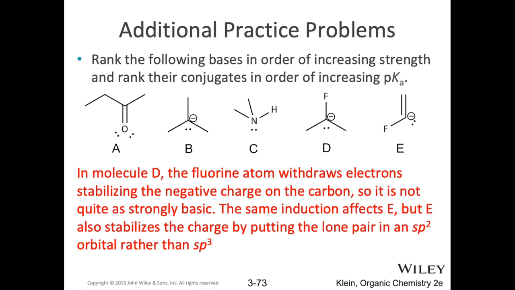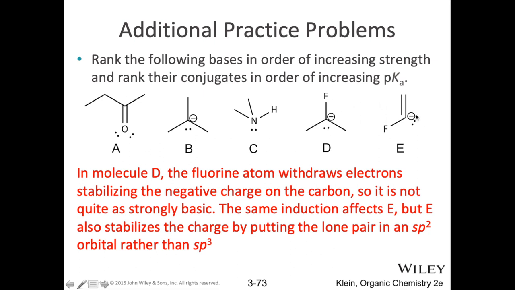If you look at D versus E, both of them have induction. But you've also got to look at the fact that in the case of E, the orbital is on an sp2 hybridized carbon, and so that orbital winds up making the difference. Even though they both have an inductive effect and they're tied there, it's the O in ARIO that helps as the tiebreaker.